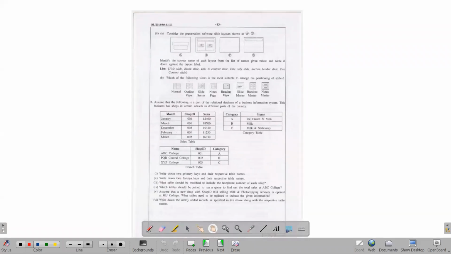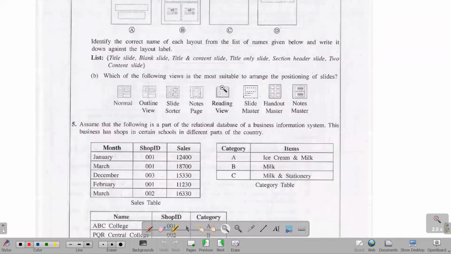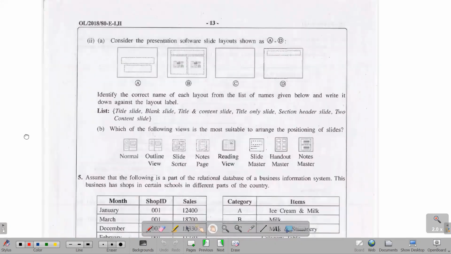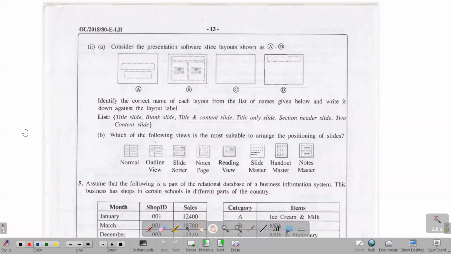So here they are just asking what kind of views they have. Right, so the first one is called the title slide.